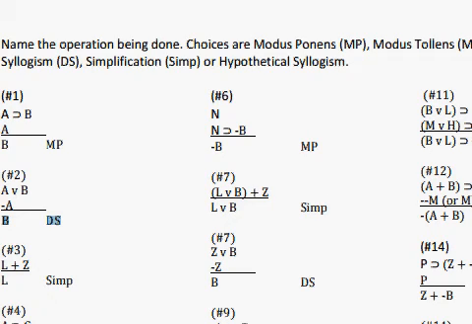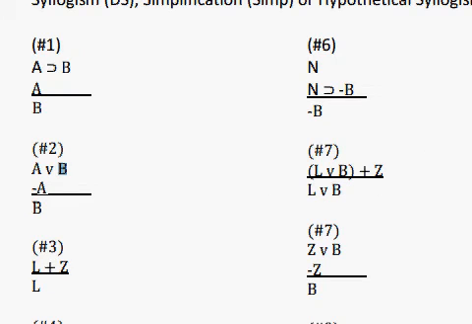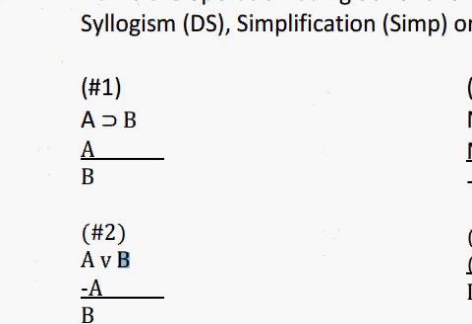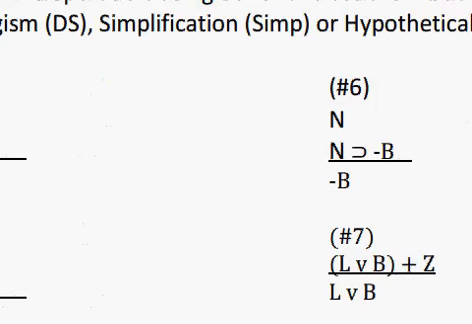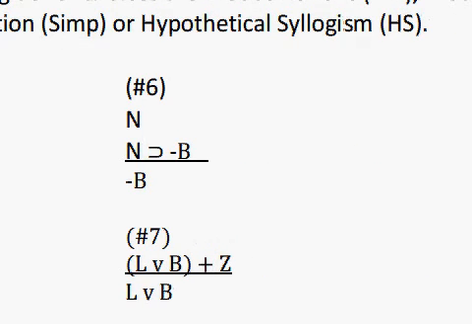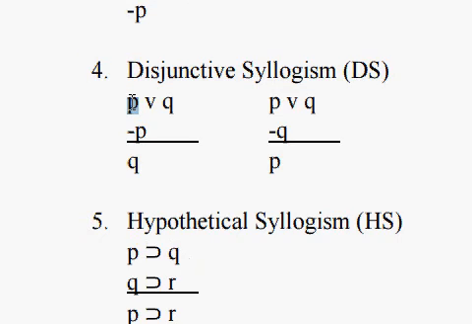Now, the only thing to keep in mind as you're doing these is that these statements, disjunctive syllogism, modus ponens, all these things, don't have to have a single letter as the antecedent and the consequent. These are actually lowercase letters on the sheet that you have. The reason they're lowercase is because lowercase letters are not simple statements.